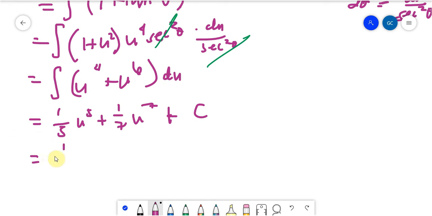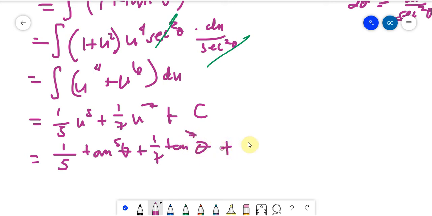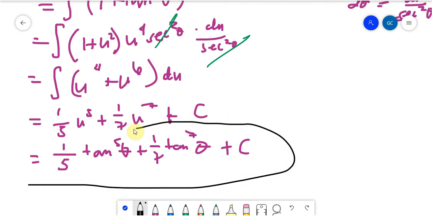So we have 1 over 5 tangent to the 5th theta plus 1 over 7 tangent to the 7th theta plus some constant c. Now that is the final answer.